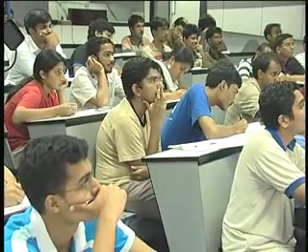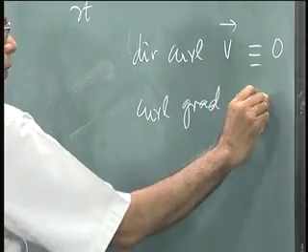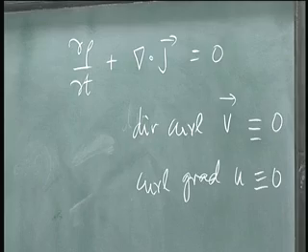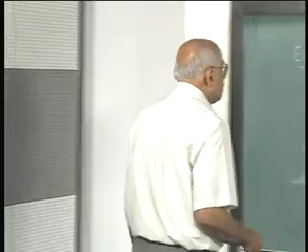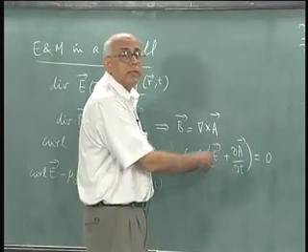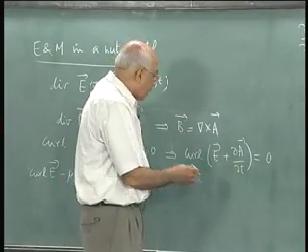So the curl of the gradient of any scalar quantity is identically 0, and therefore the contents of this equation are completely taken care of, because once you write E plus delta A over delta T as the gradient of some scalar field, that is it.